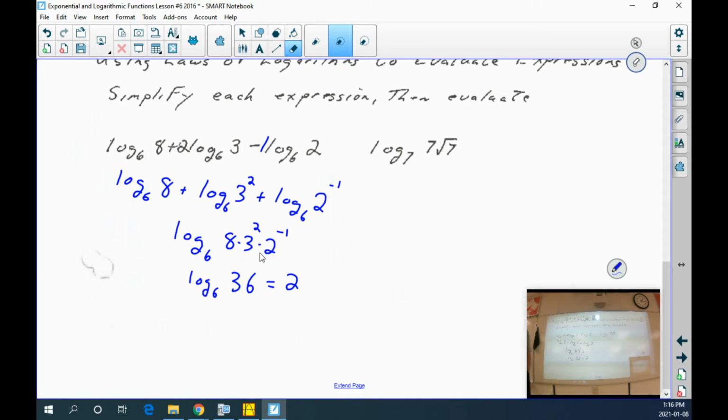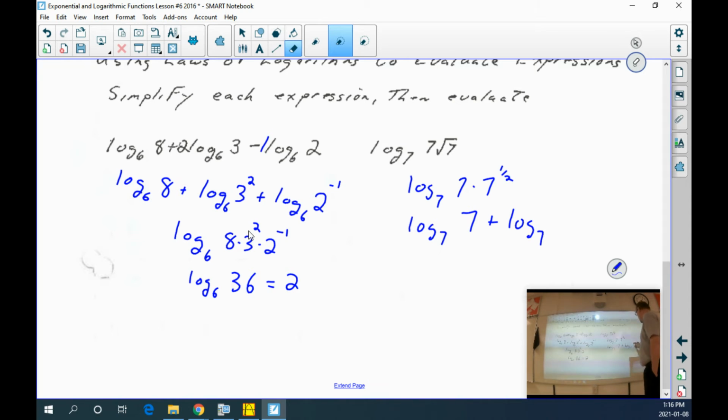Don't lose things. Now, to evaluate something like this, we have log base 7 of 7 times 7 to the 1/2. Well, I could just do this: log base 7 of 7 plus log base 7 of 7 to the 1/2.